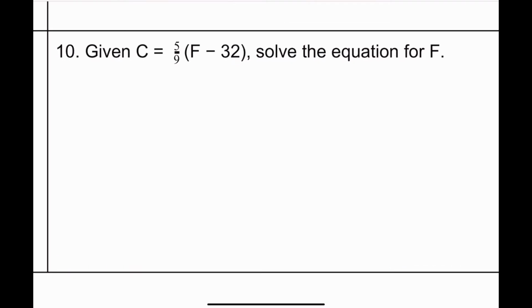Number 10 is a literal equation, and we want to solve for f. F is inside this set of parentheses, so we need to undo that set of parentheses by getting rid of what is in front of it.